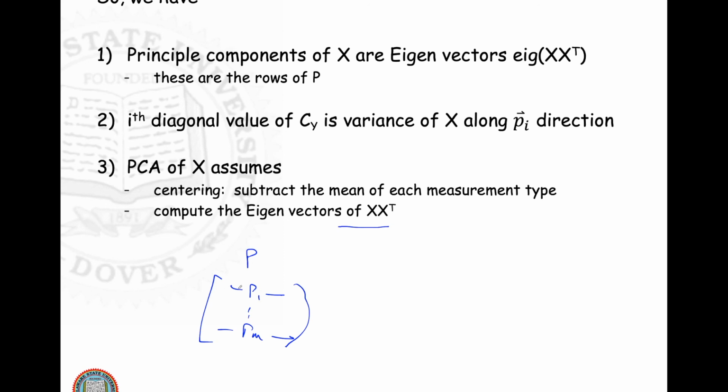So rather than projecting over all the P, you might project over maybe some Q many vectors, where Q is less than M. And so your resulting Y representation is going to be of lower rank than the original representation M. You can think of principal component analysis as a type of feature selection where the features in the new representation are a linear combination, some synthesis from the features of the original representation.